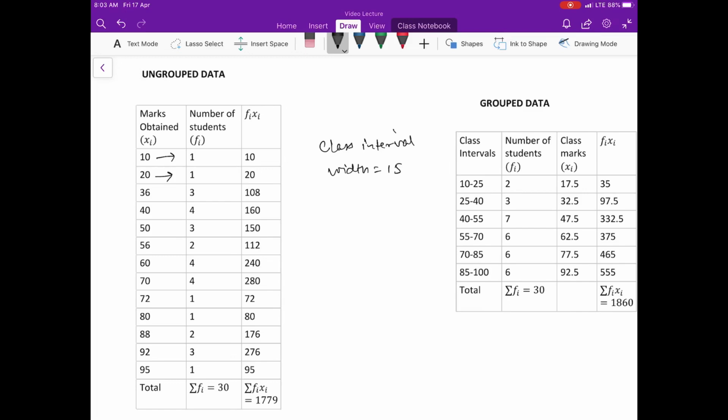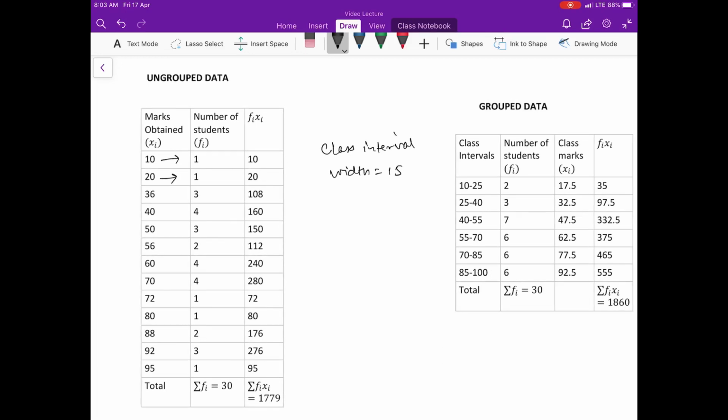The next important point is how to consider the data which lies at the higher class limit. It depends upon you, or upon the statement also, if it is given, whether you have to consider it in the next interval or the previous interval.